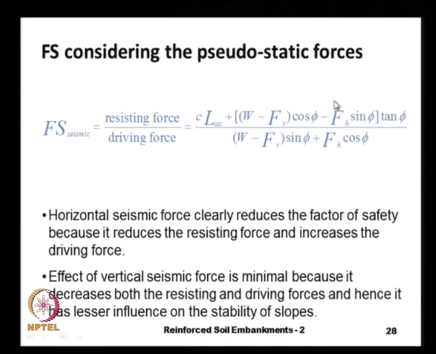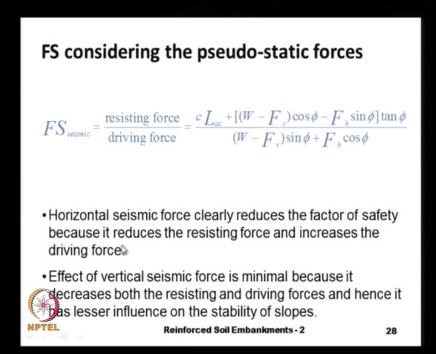So, you see that the effect of the horizontal seismic force is to reduce the resisting force, it is reducing the normal force that is acting, and this whole thing is divided by the driving force, that is W minus Fv, the vertical force, plus Fh cosine phi, and Fh cosine phi is the shear force acting on the slope because of this horizontal component.